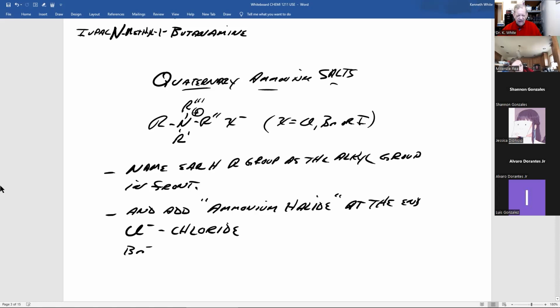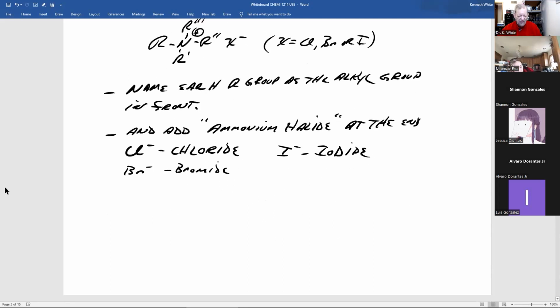Br minus is bromide. I minus is iodide. And that's how you do it. So if we were to take the following molecule, how would we name it?